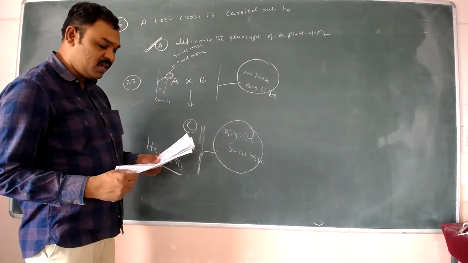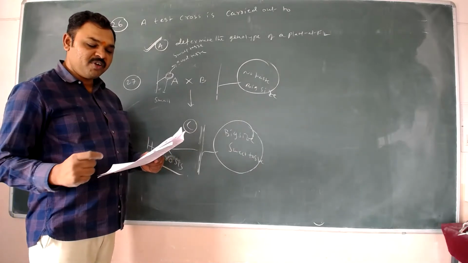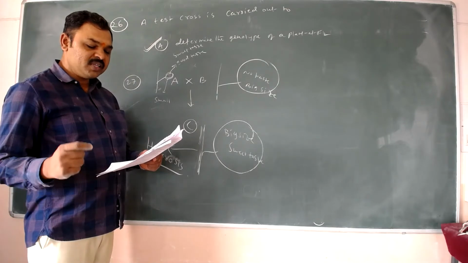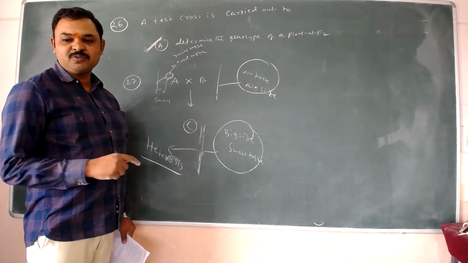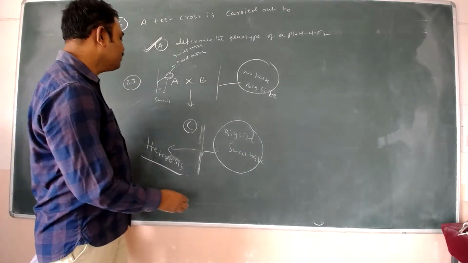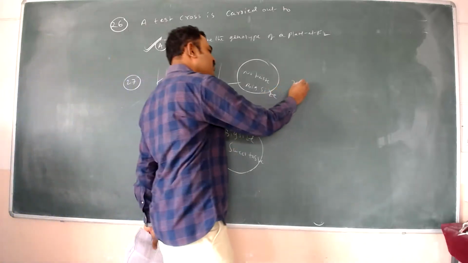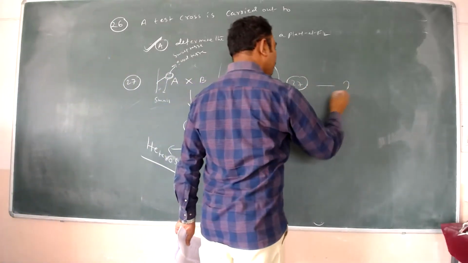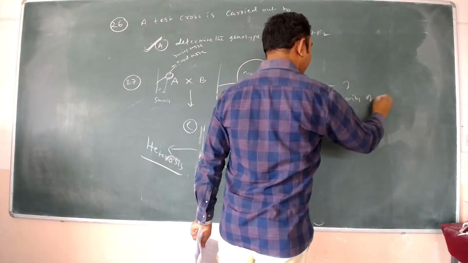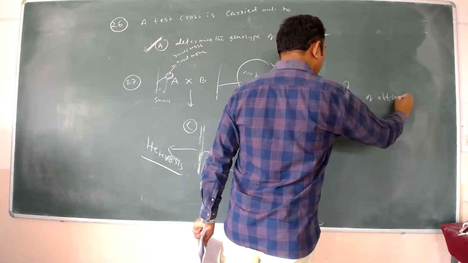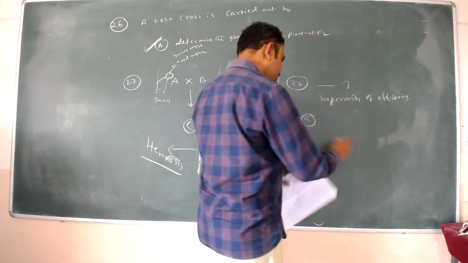Question 27: two unrelated individuals or lines are crossed, and the performance of the F1 hybrid is often superior to both parents. The superiority of offspring over their parents is called heterosis.